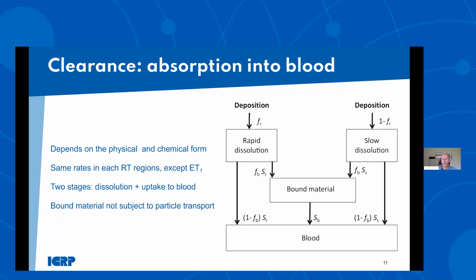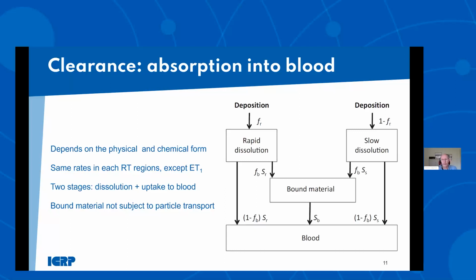On the other hand, there are some elements for which the uptake is slower, and this can be modeled by adding an extra compartment for this bound state material. This compartment collects a fraction of the dissolved material, and then this goes into blood with a finite rate SB.